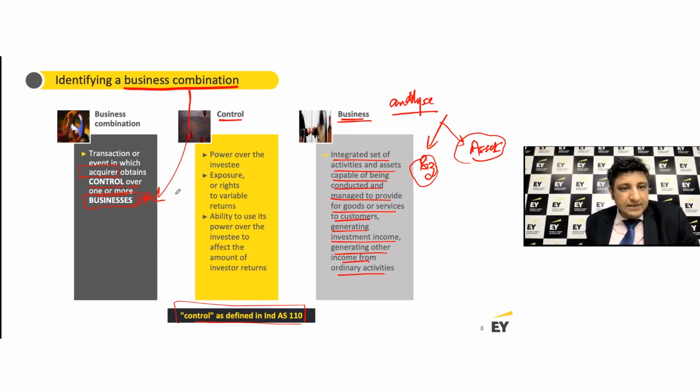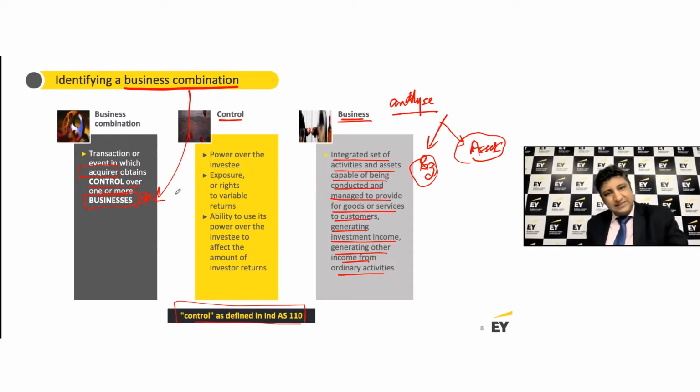So in a very generic manner, in layman's terms, if I were to understand the meaning of business, what comes to your mind when you look at the word business? What is the business all about? Are we saying that an entity has to necessarily sell something?